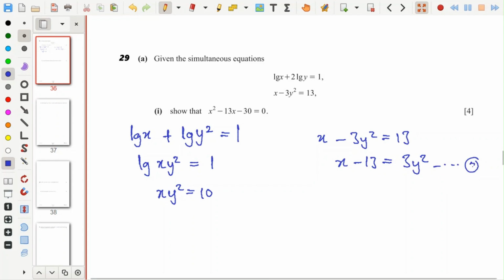Let me call this one equation 2. Let me call this one 1. I multiply equation 1 by 3. See what I'll get. I'll get x 3y squared. Since it's an equation, whatever you do for the left, you have to do to the right, okay? So this one, I'll multiply the 10 by 3. So it will be 30.